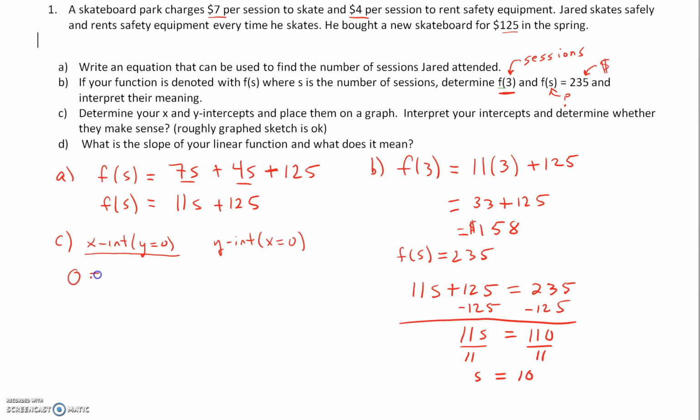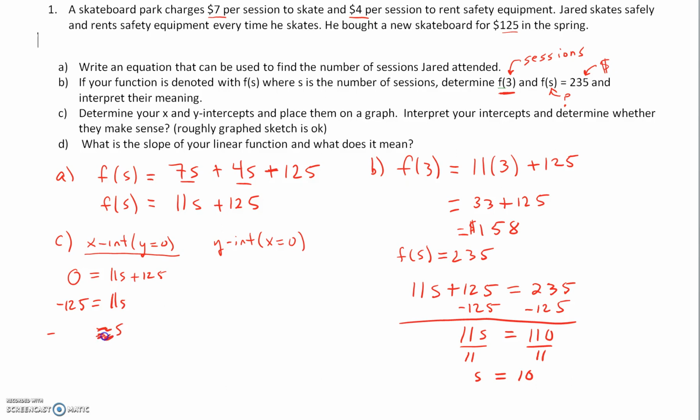So if 0 equals 11s plus 125, if I subtract 125 from both sides, I would get 11s equals negative 125. If I divide by 11 on both sides, negative 125 divided by 11 will be approximately, so that's going to make my equal sign turn a little squiggly here.